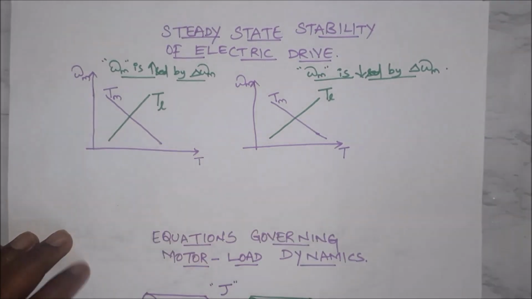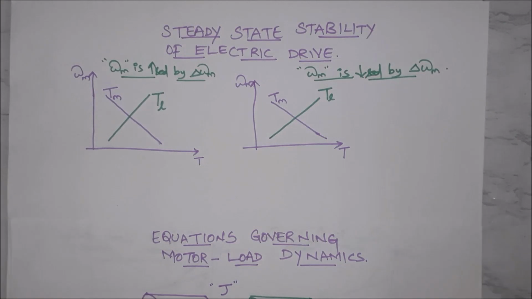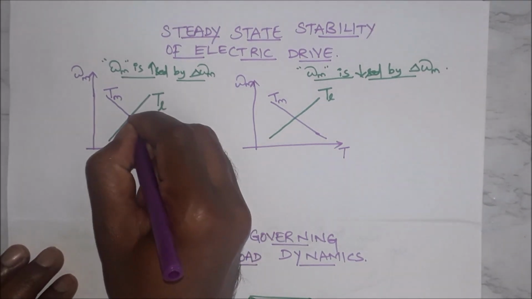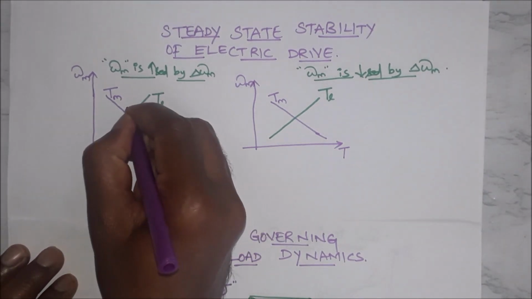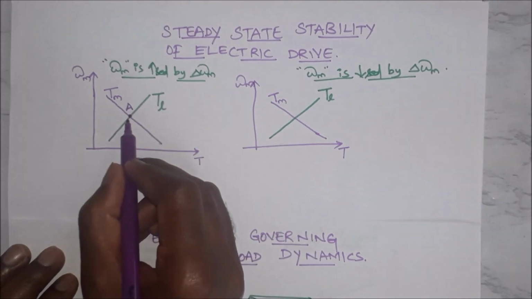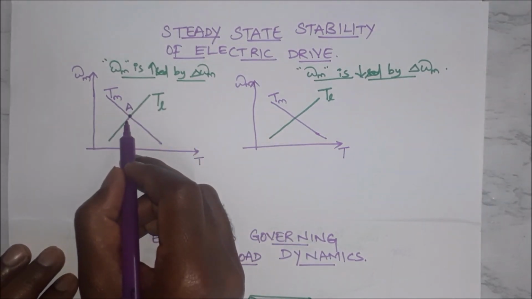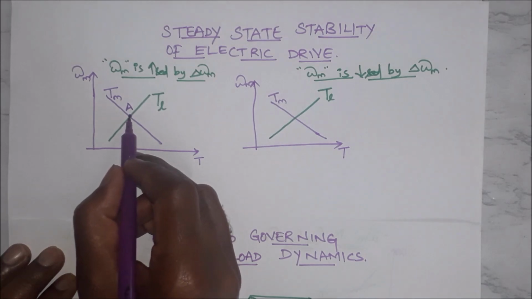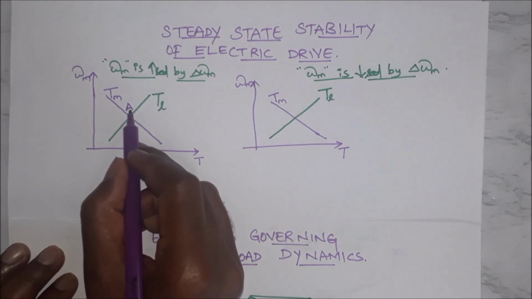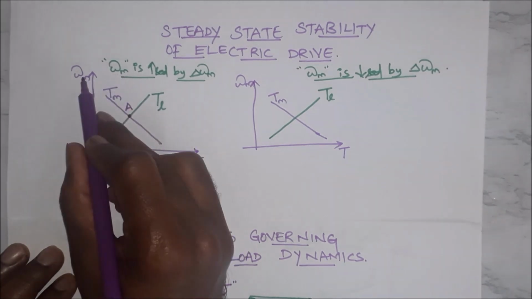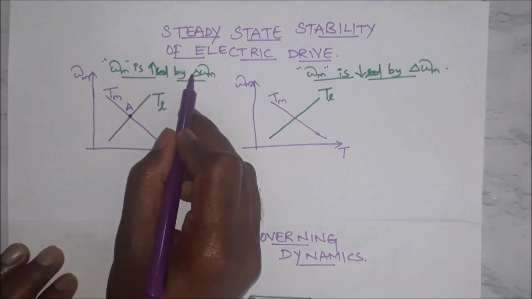So let me consider an operating point or the equilibrium point A here. Let me assume that this is an equilibrium point or the operating point A. Now what I'm going to do is increase the speed. See, case 1 is speed increment. Omega m is increased by delta omega m.